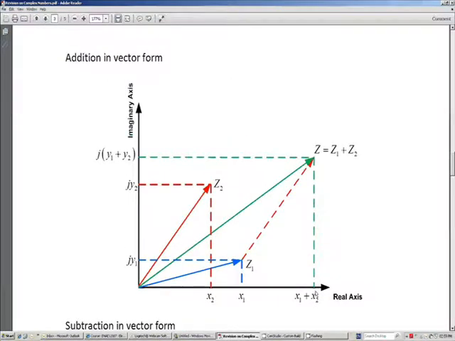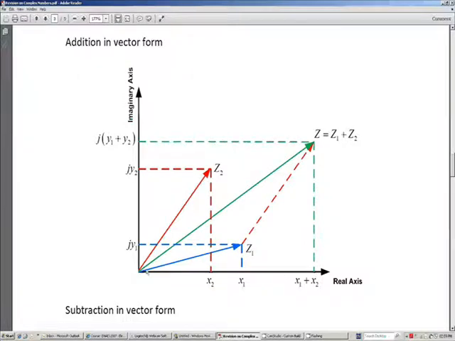And the same can be done in vector form. This is my z1, this is my z2. So what is z1 plus z2? If you look in terms of the coordinates, what you have to do is to add x1 with x2. So to do that, I just project this z2 to the end of the vector z1 to give me this projected, shifted vector of z2.